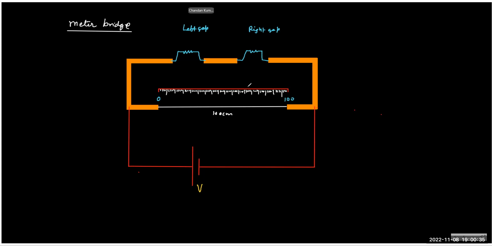So this is your ruler in which you can read from 0 to 100 value. And the wire which we connect, yeah, this is called the resistance wire.